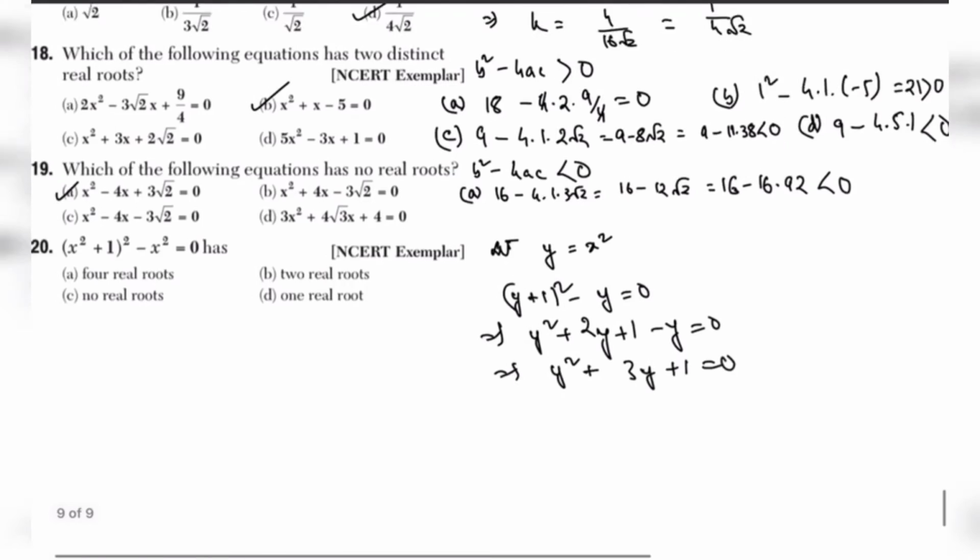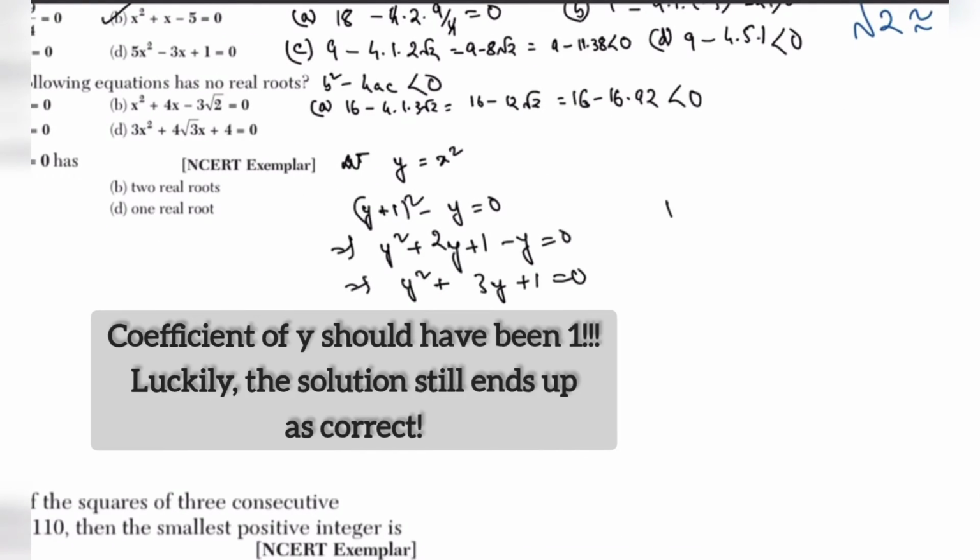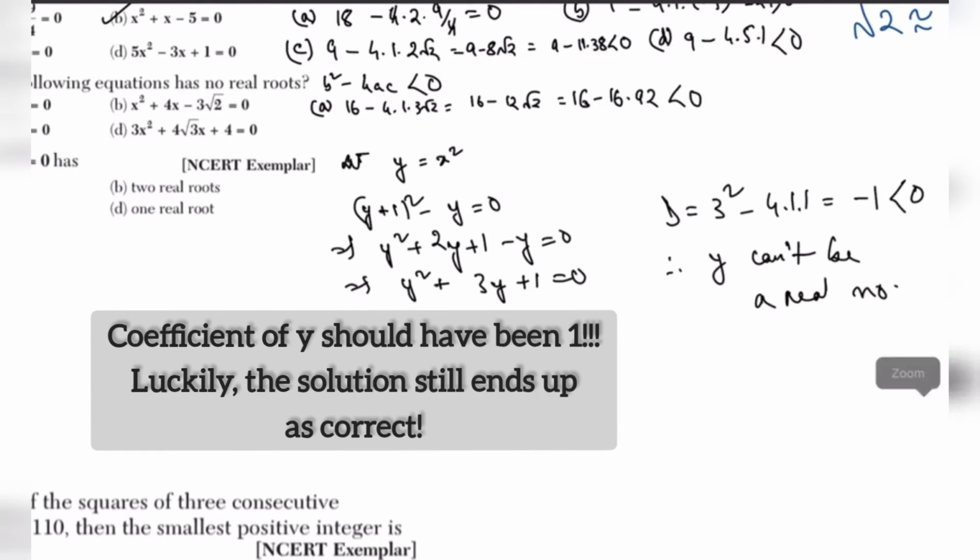Now you can see the discriminant of this equation will be 3 square minus 4 times 1 times 1 equal to minus 1, which is less than 0. Therefore y can't be a real number, which implies x square can't be real.